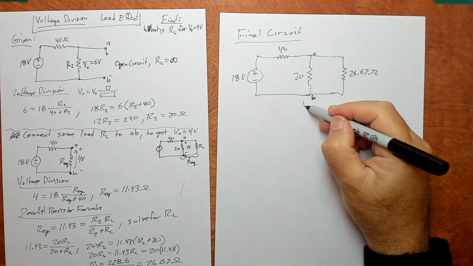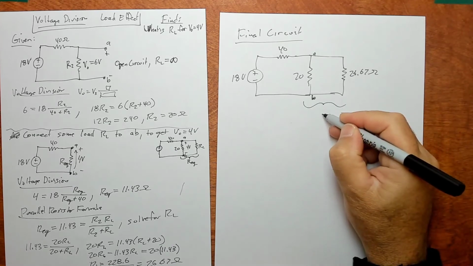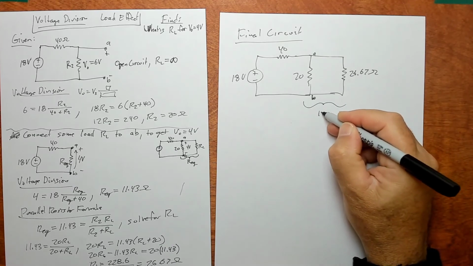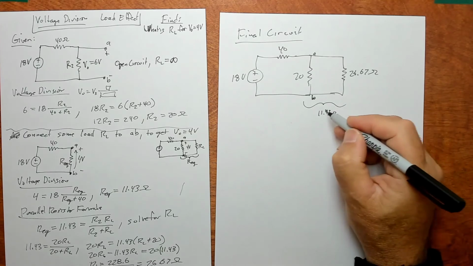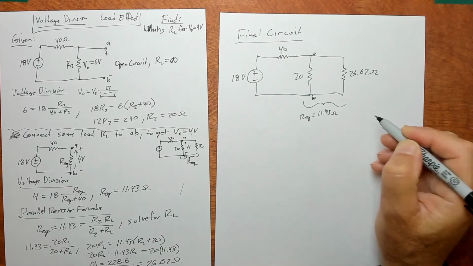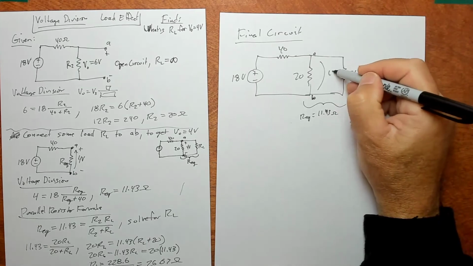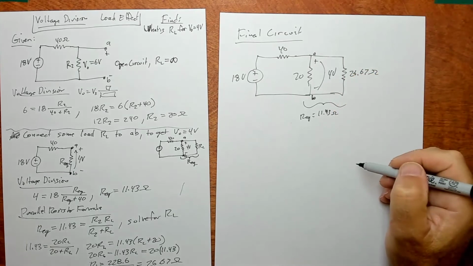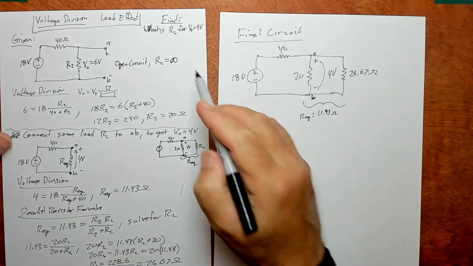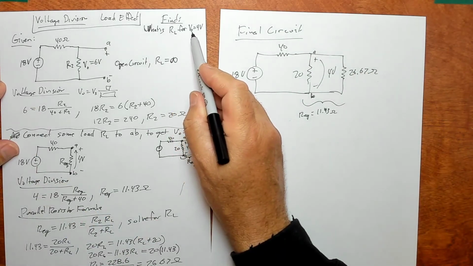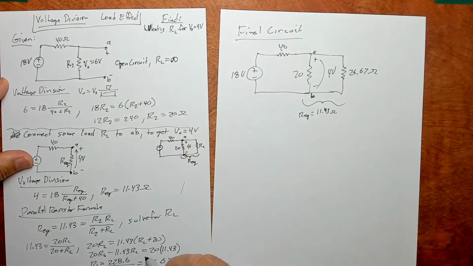The net result of this is that this appears to be an 11.43 ohm R equivalent, and you end up with 4 volts across here. All right. What are they asking for? The RL for V0 equals 4 volts. This is the answer.